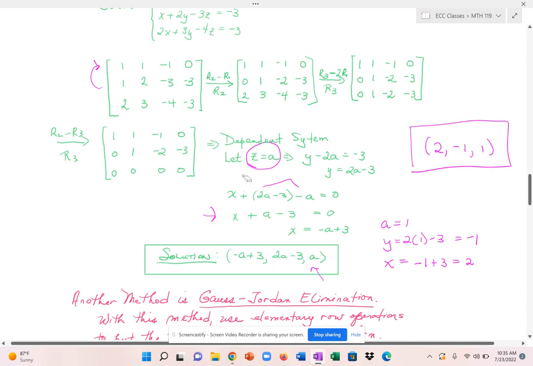Okay. Another method which is very similar to Gaussian elimination is called the Gauss-Jordan elimination. Gauss-Jordan is going to take just a little bit longer because it's a very specific format that your final augmented matrix should be left in.